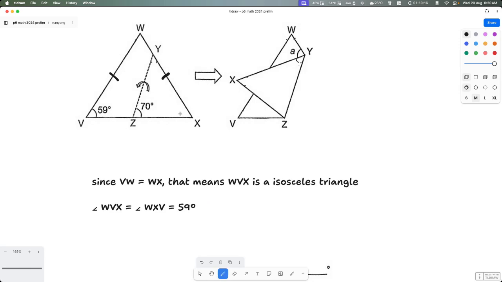That's what I see over here. So this is 59 degrees. If we can get 59 degrees, then we can get this angle. Let me just use another color. This over here is angle A actually. Oh no, it's not angle A, my bad.